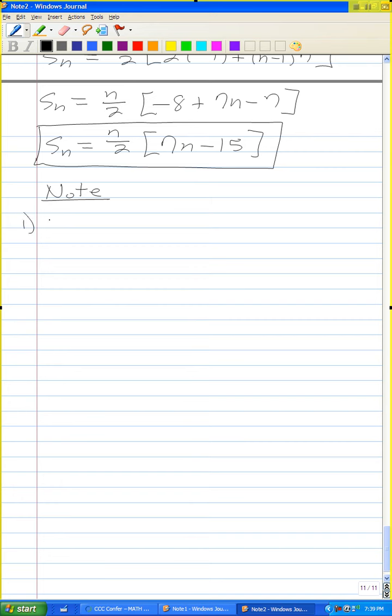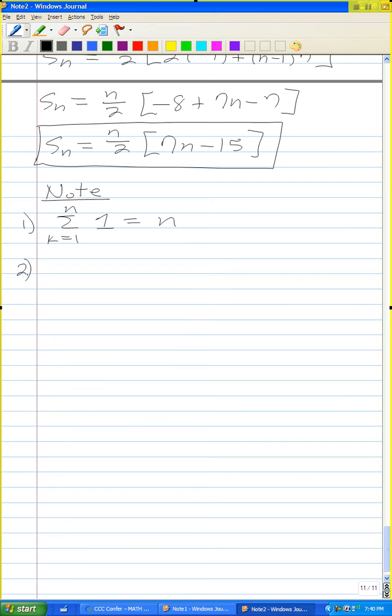So note that the sum of, let's say, k equaling 1 to n of 1 is just equal to n. 1 plus 1 plus 1 plus 1 added up n times is just equal to n.